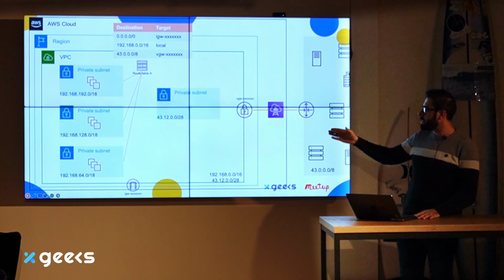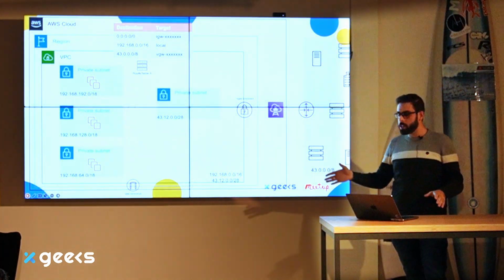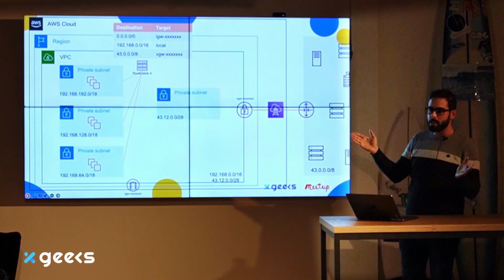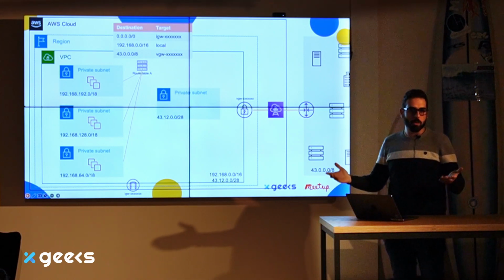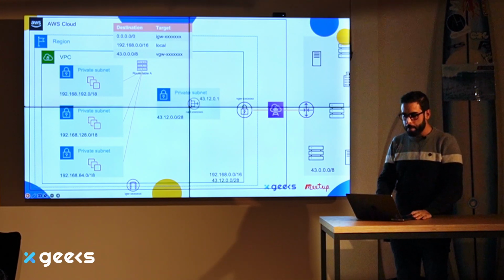I know this because the client at the first instance gave us a /28 subnet, and I tried to separate this into different subnets, and AWS said, okay, no, you can't go even lower than that, okay?